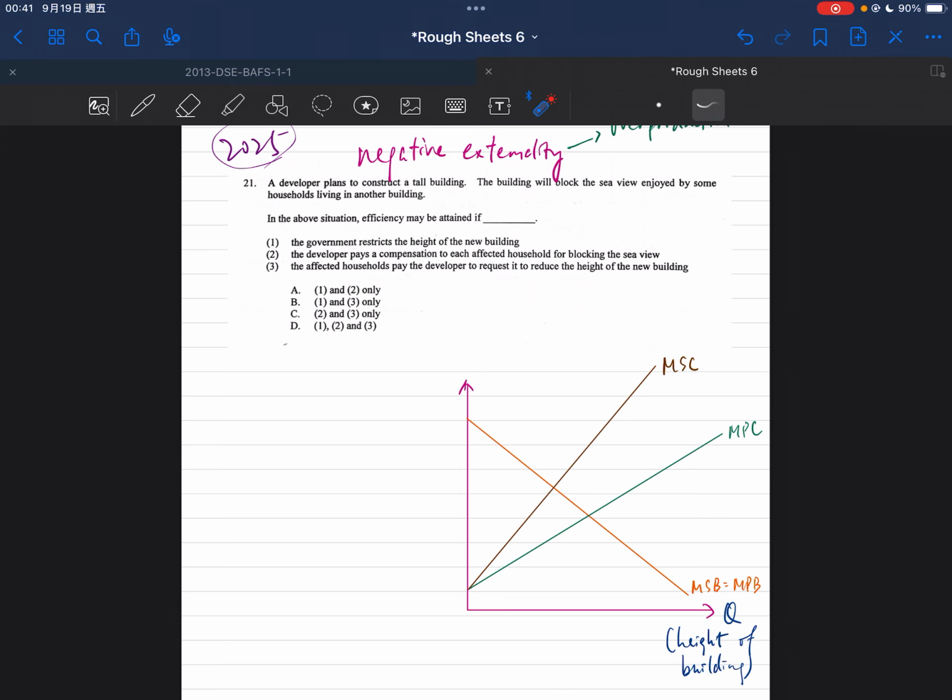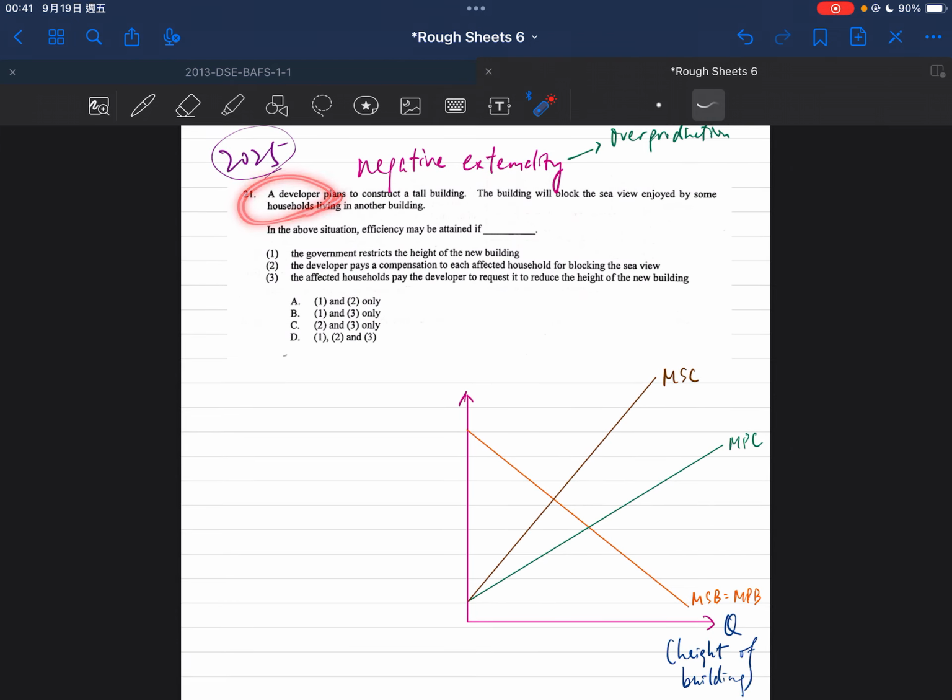So what quantity will the developer construct, which means how tall will the developer build the building? It is here, because the developer will only consider private benefit and private cost. But note that the efficient quantity is here, because we have to consider the benefit and cost of the whole society.